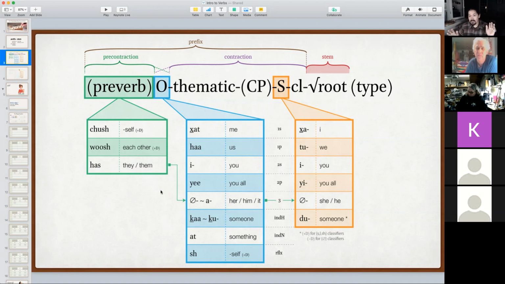I could say i'in, with you, yi'in, with y'all, du'in, with them, husdu'in, with the plural them, ka'in, with people. So those are possessive pronouns. Achtla, hatla, itla, yitla, dutla, hastutla, hatla.